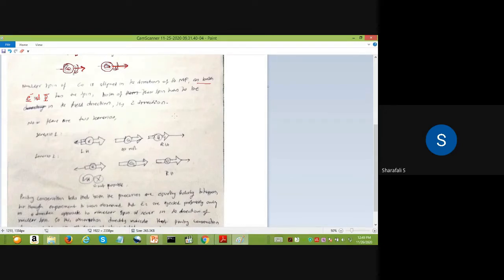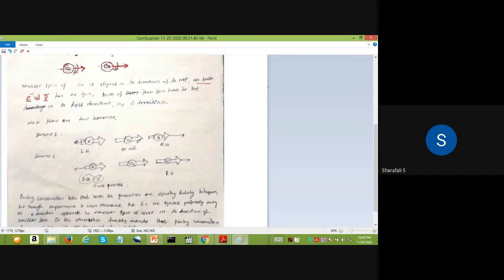The electron coming out of the cobalt nucleus will move in one direction, and the neutrino will move in the other direction. Similarly, the spins of the electron and neutrino also have to follow the same direction of the magnetic field, because under the magnetic field the spin orients in that particular direction.